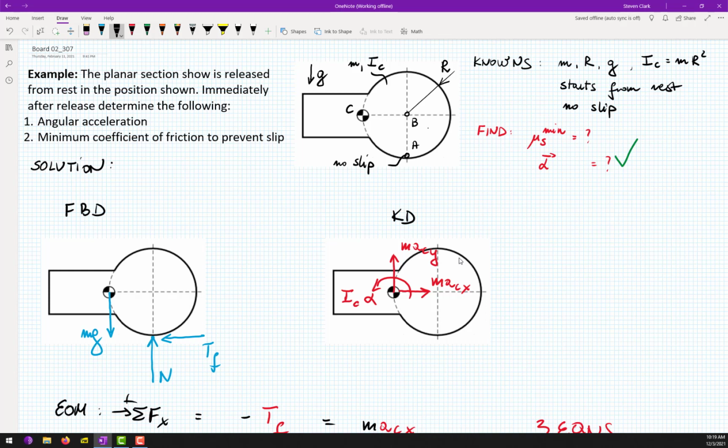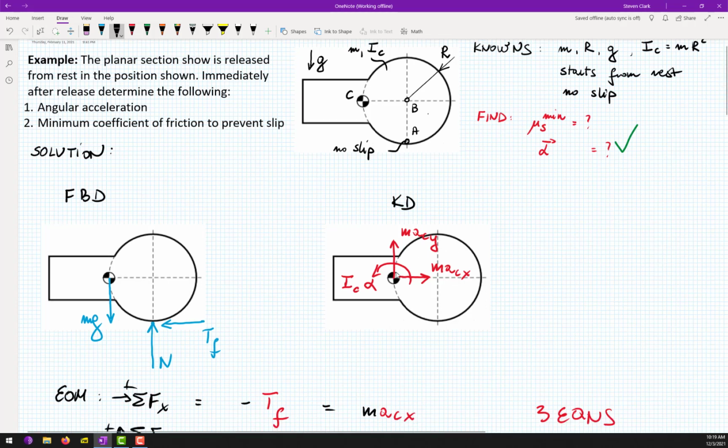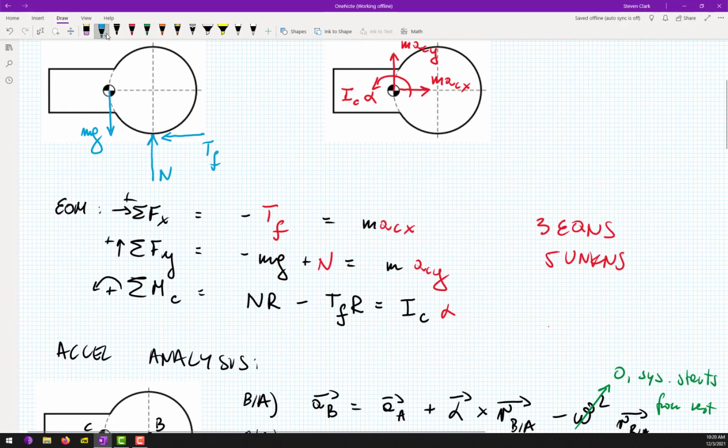So if you would like to, at home, solve that problem once again, but instead of this expression, find the sum of moments about A. Okay? Sum of moments about A.